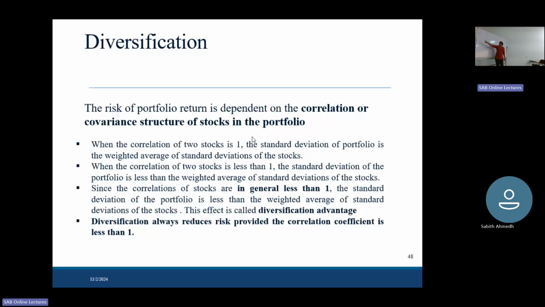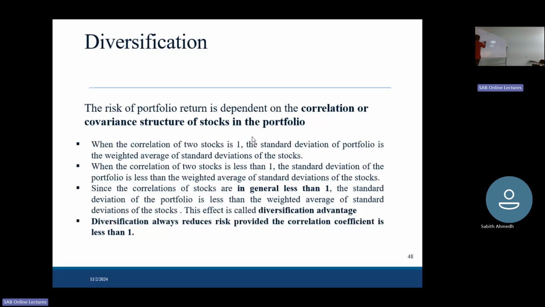Okay. When the correlation of two stocks is less than 1, then the standard deviation of the portfolio is less than the weighted average standard deviation of the stocks. As long as the correlation coefficient is less than 1, it lies between -1, 0 and +1. This is the path. If the correlation coefficient is perfectly positive, there is no diversification benefit. There is no diversification advantage.